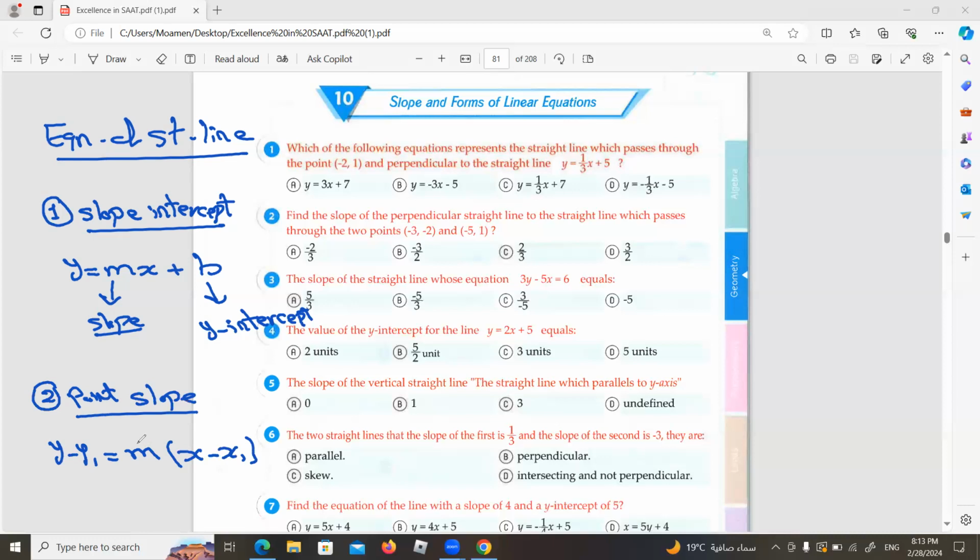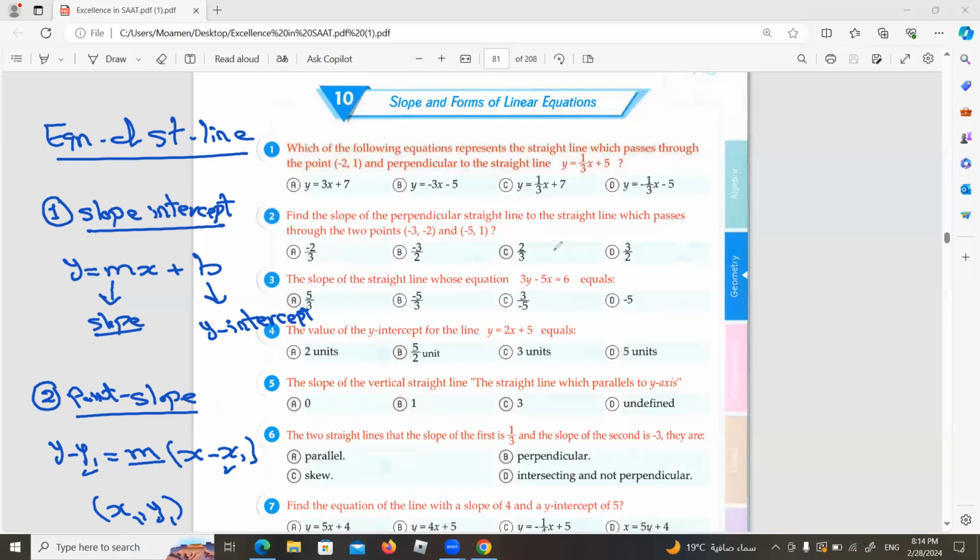From its name, we know that we have the slope, which is m, and we have a point that the line passes through, which is x1 and y1. Any point consists of x and y, so we choose a point and name it x1 and y1.